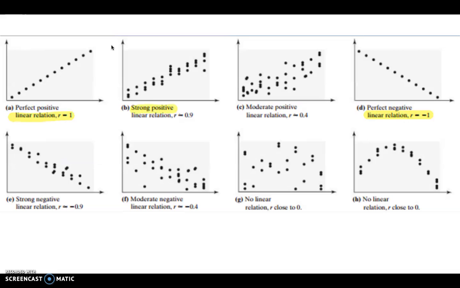So here are some examples of a perfectly positive linear correlation, perfectly negative, and then you can have strong if they're kind of bunched up, moderate if they still look like they're following a trend but are jumping all around, and then we have the same thing going in the negative direction down here. But if you just get this scattered mess, that's not going to be a linear correlation, so that's going to be pretty close to 0.